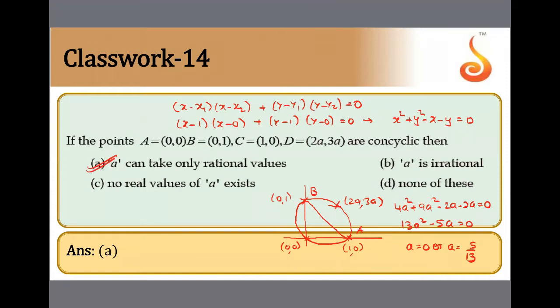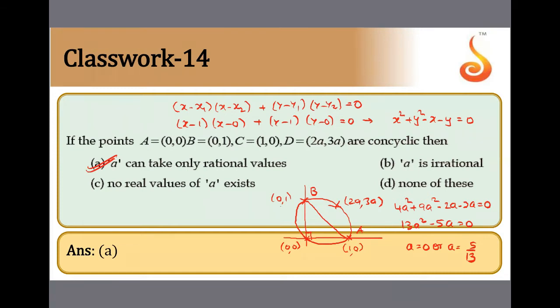So whenever we say it is 90 degrees, obviously AB becomes a diameter. So when AB becomes a diameter, extremities are 1 comma 0, 0 comma 1. So the equation of the circle will be (x minus x1)(x minus x2) plus (y minus y1)(y minus y2) is equal to 0. Substituting these points, we get x square plus y square minus x minus y is equal to 0.